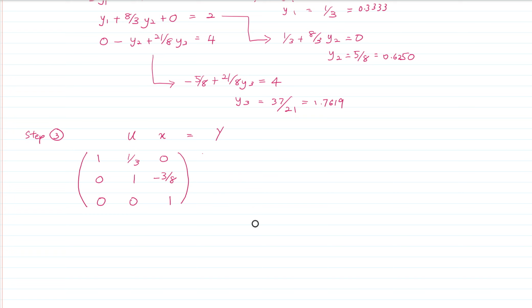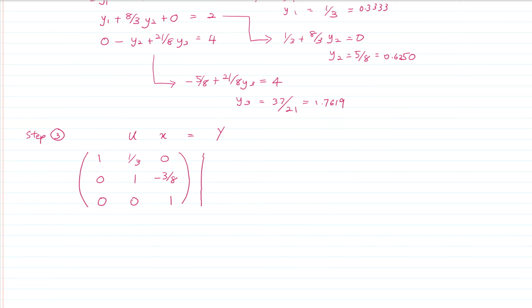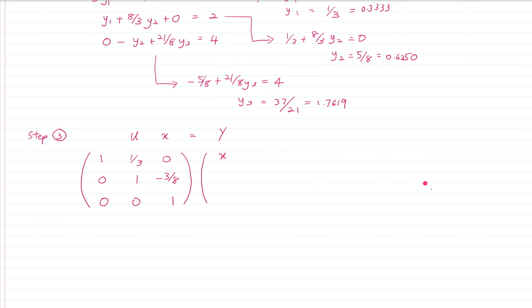And X is X1, X2, and X3, equals Y. Y refers to Y1, Y2, and Y3.